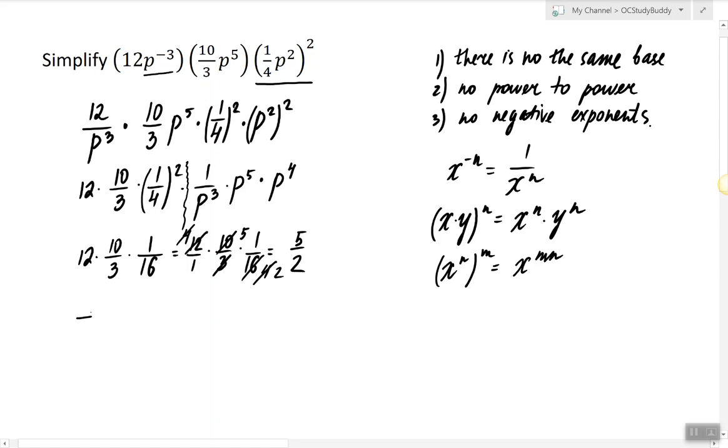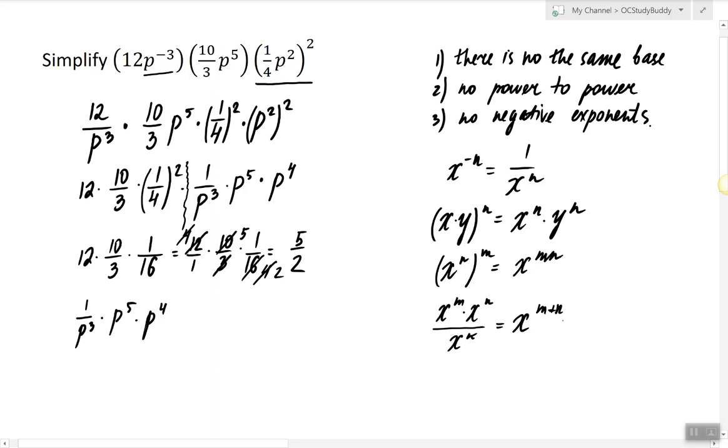Now what happens with the variable part is that now we can apply the following property of exponents. When we're multiplying two exponential expressions with the same base, we add the exponents.